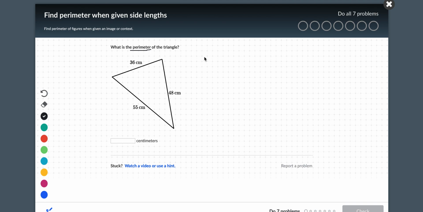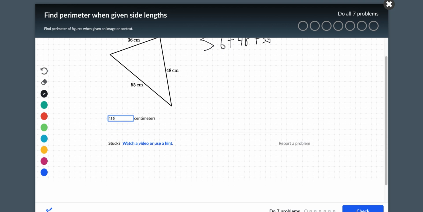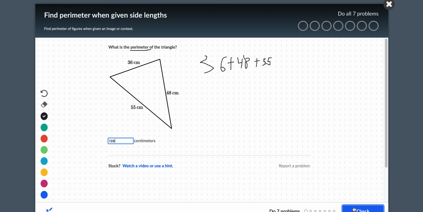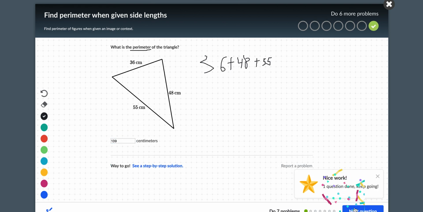So you simply have to add 36 plus 48 plus 55. And when you add all three of these together, you get 139 centimeters.